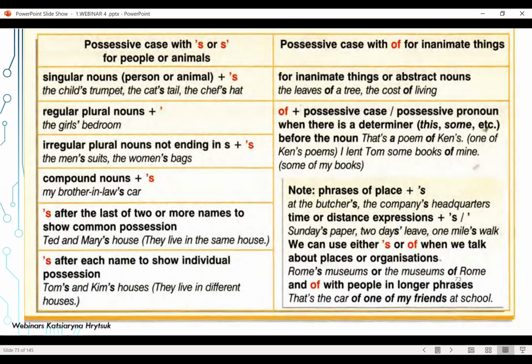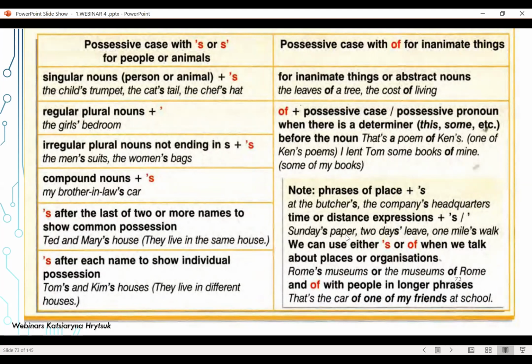The word shop, you don't need to say, you just say at the butcher's. The company's headquarters. Here we use an apostrophe. That is one kind of exception. Then we use an apostrophe with time or distance. You see, even though it's inanimate, we still use it.